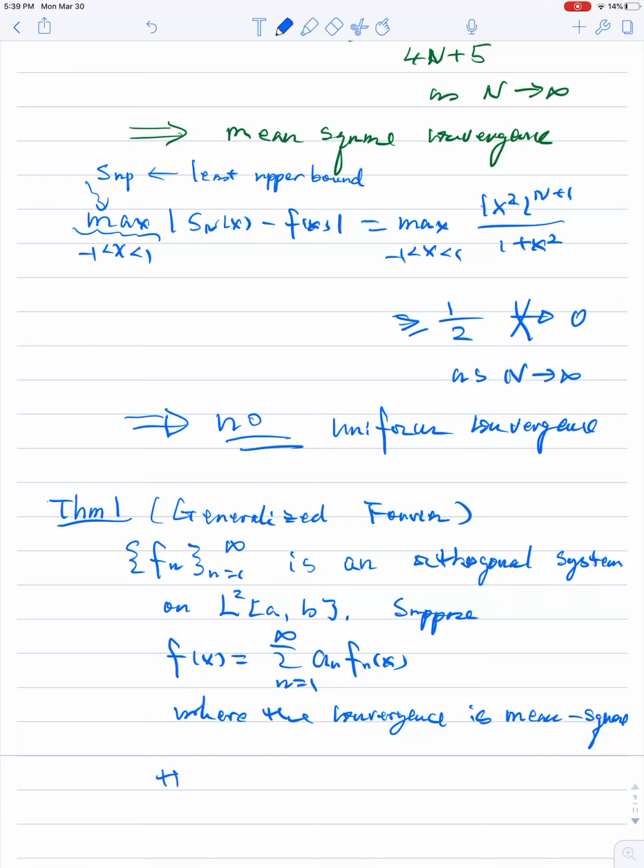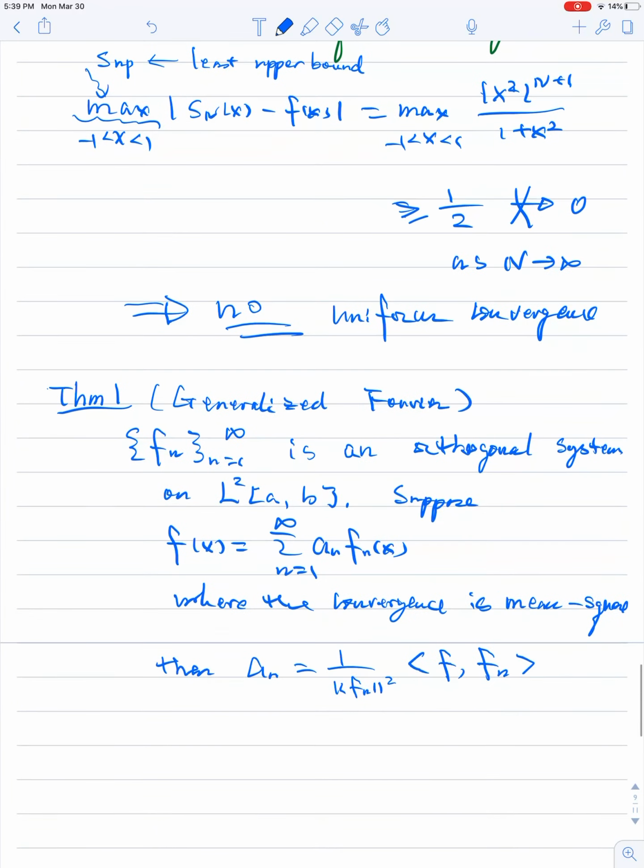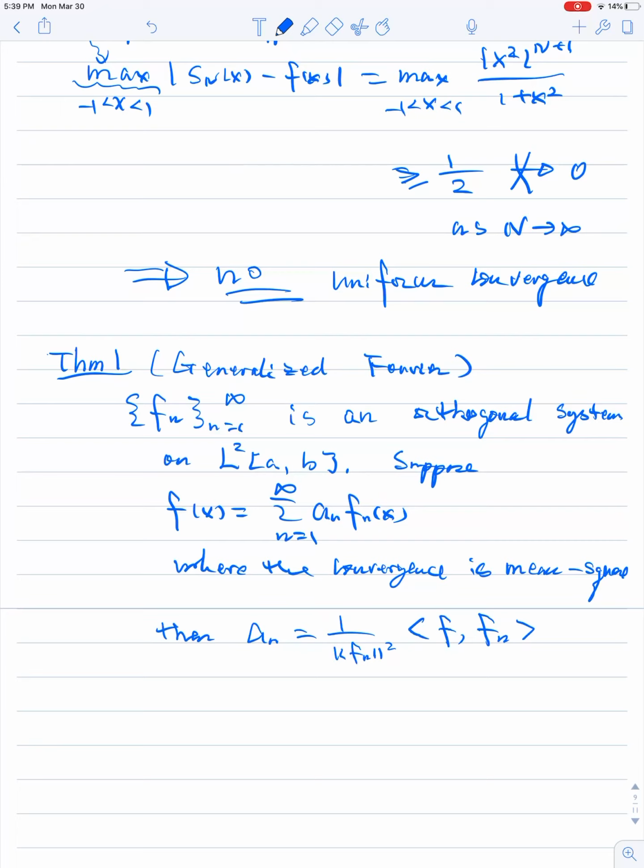Then this a_n is given by the norm of f_n squared and the inner product of f and f_n. This is the first part of the theorem.